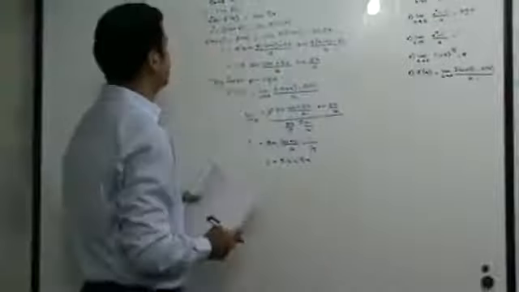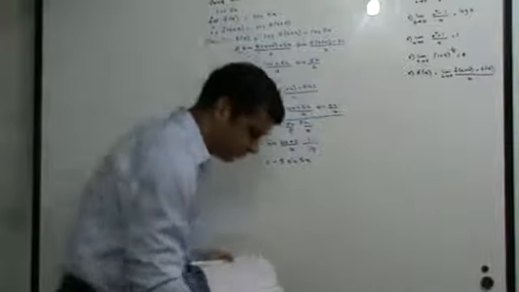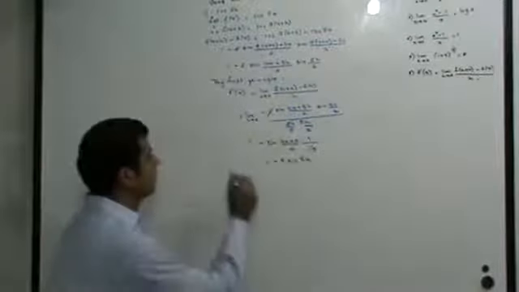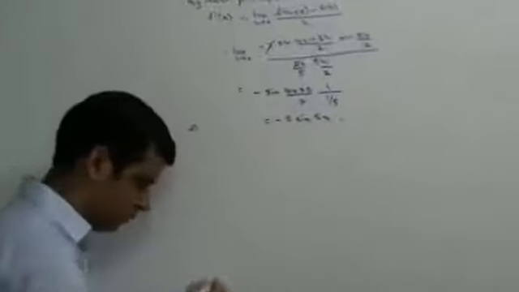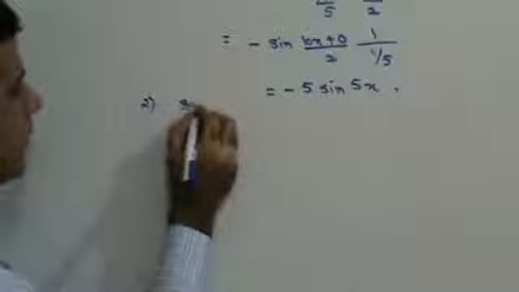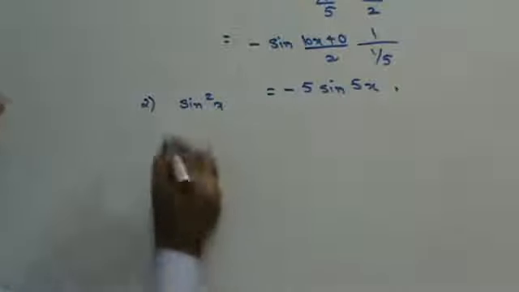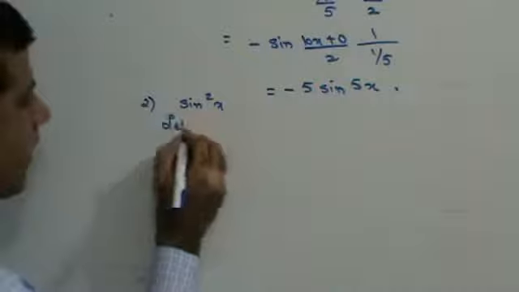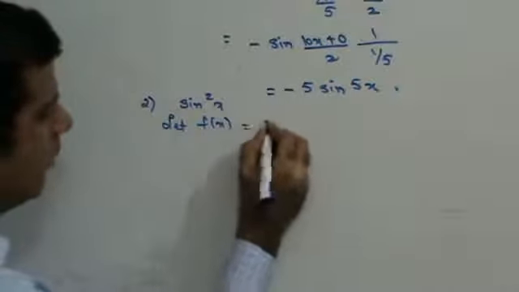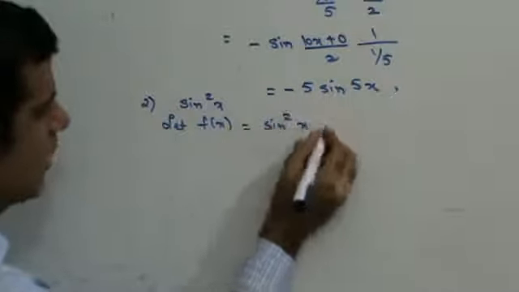Okay. Next, let's move on to the next sum, guys. Sin square x. Let f of x be equal to sin square x.